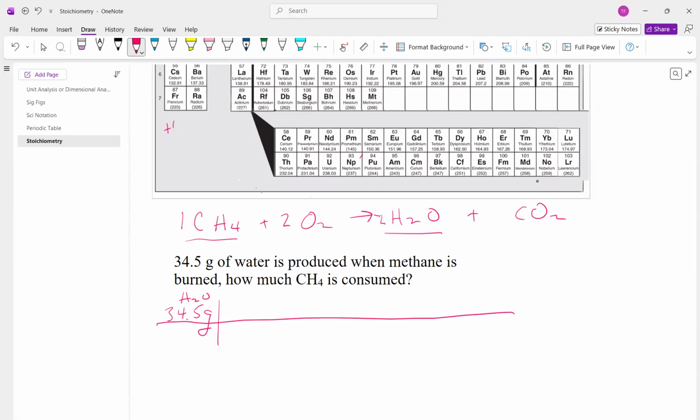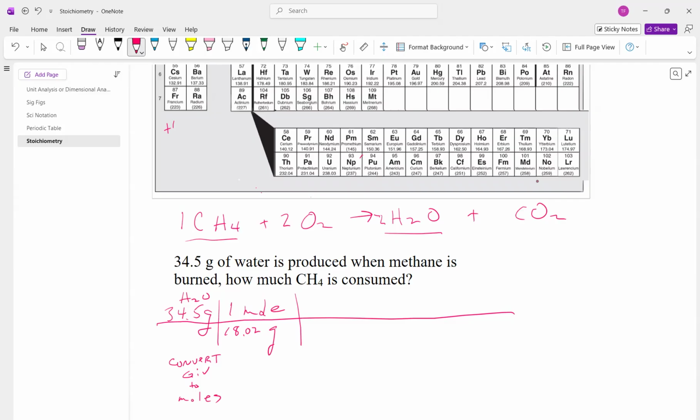Okay, so step number one is our good old moles. So that's 1 mole over 18 grams. That's the molar mass for water.